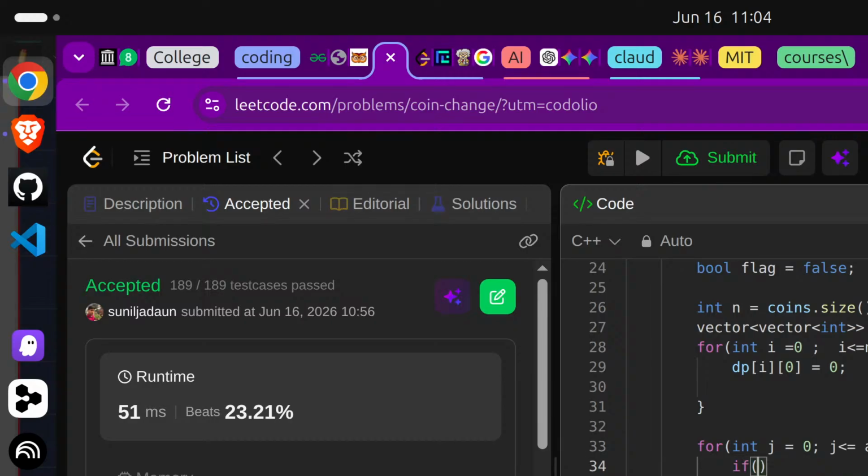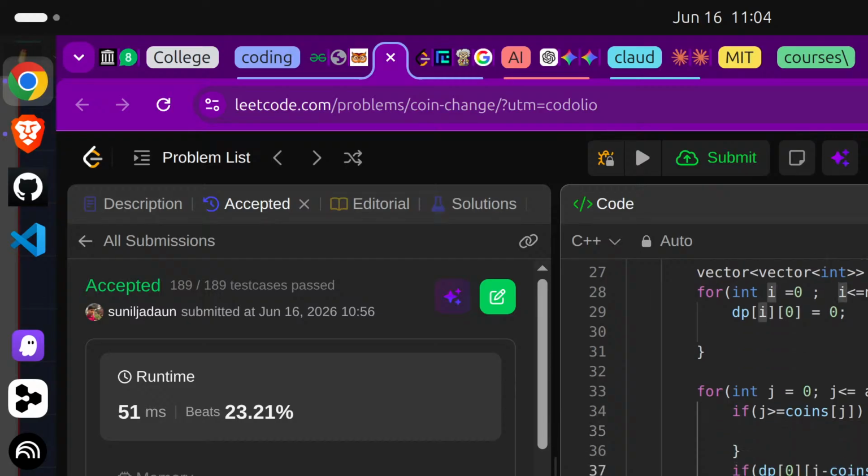If j greater than or equal to coins i, or we can say coins j, right? Only then we have to run this, right?